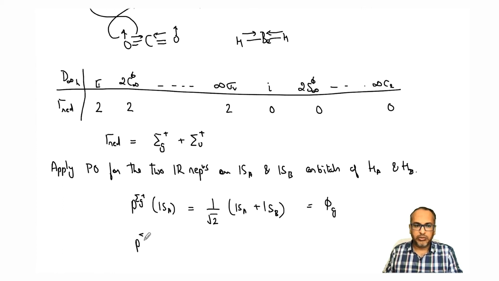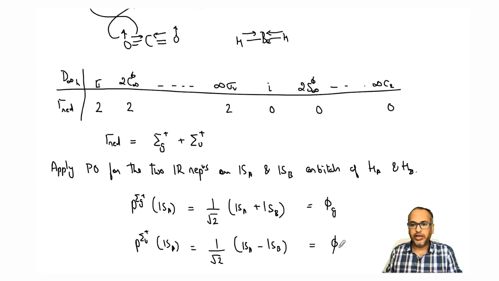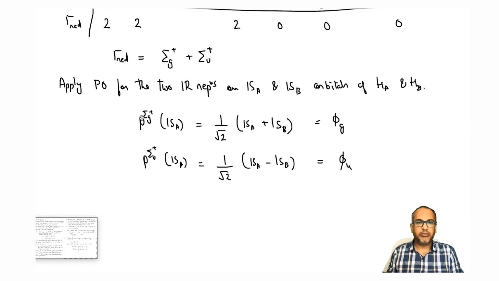Now again the projection operator for Σu+ applied on 1sa or 1sb, you can apply it on either, after normalization gives 1sa minus 1sb, and this we will call φu. This is just for nomenclature.